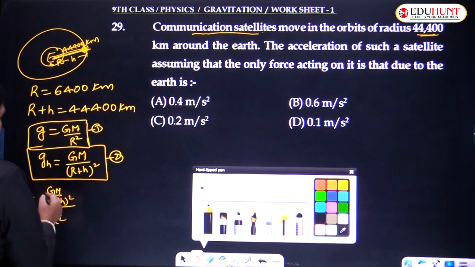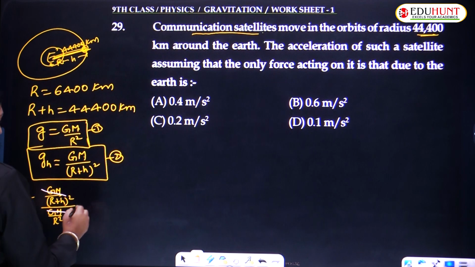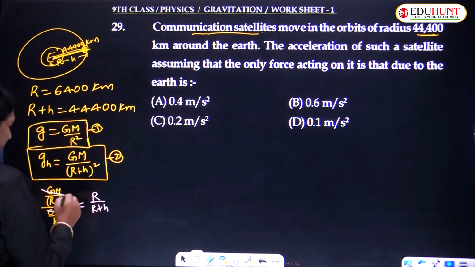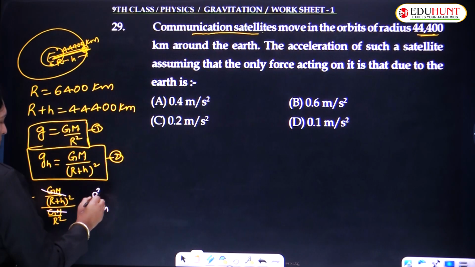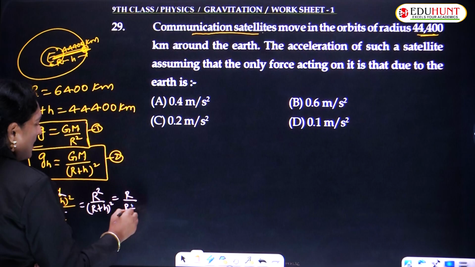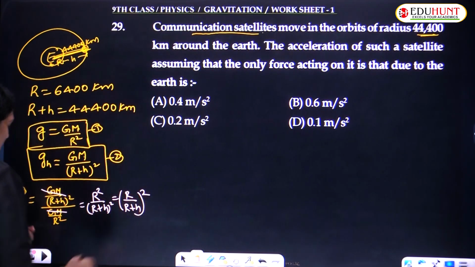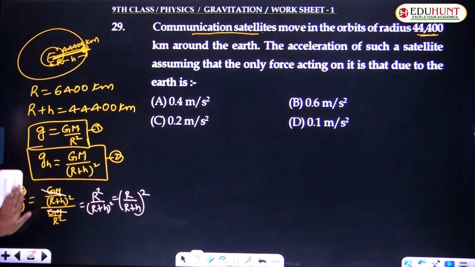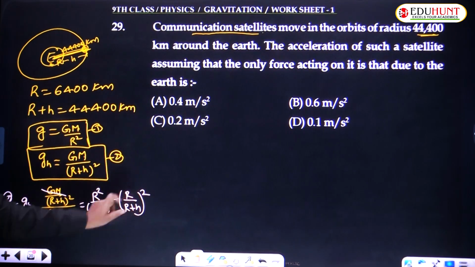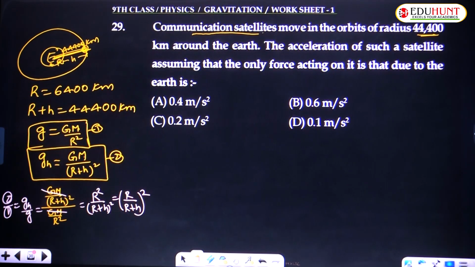On simplification GM gets cancelled. This will be R square by (R plus h) whole square, and this can also be written as (R by R plus h) whole square. So, the value of equation 2 by equation 1 is g_h by g equal to (R by R plus h) whole square.